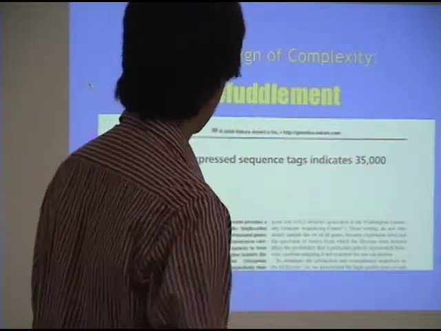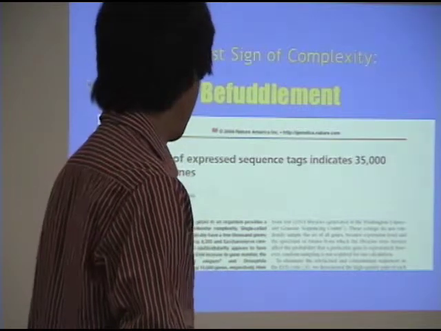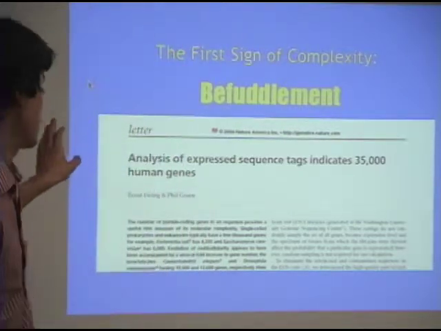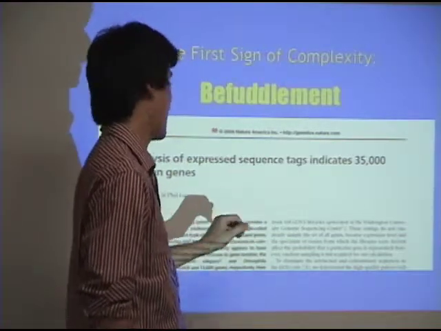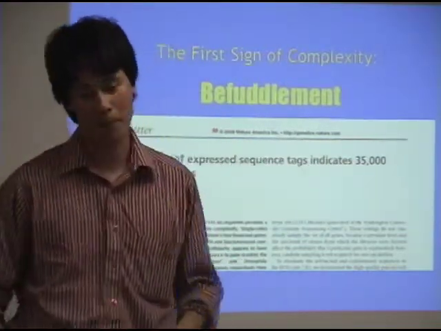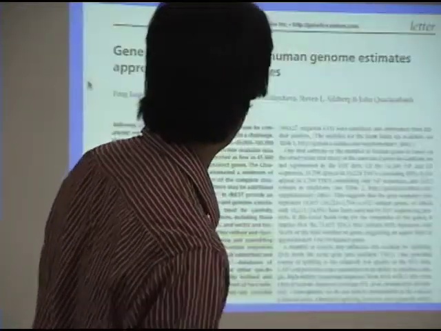So here's an example of a paper published in a top journal a few years ago, analyzing sequence fragments from the human genome, and they estimate that there are, based upon that data set, a total of 35,000 human genes.